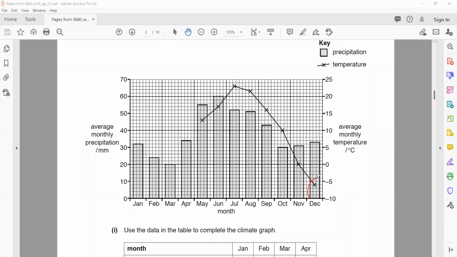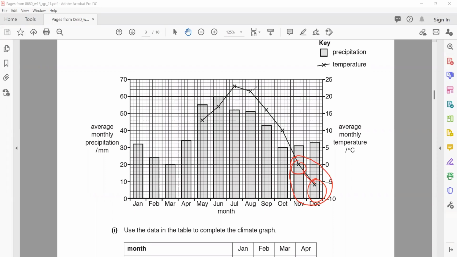In December, in November, you can say the temperature is really low. These are the coldest months. You can also add January and February if they have.